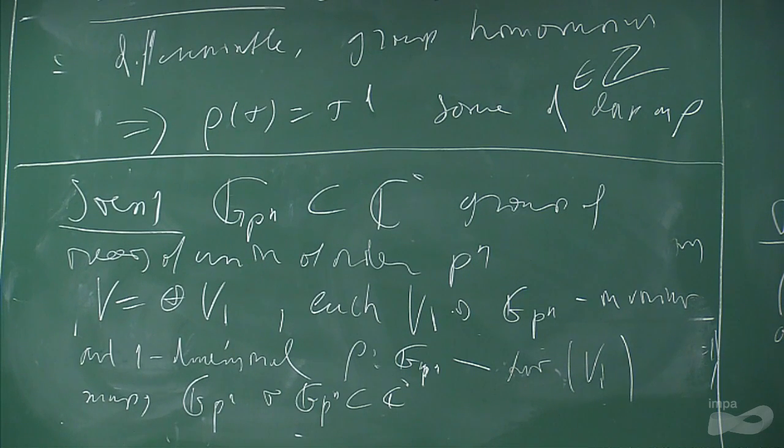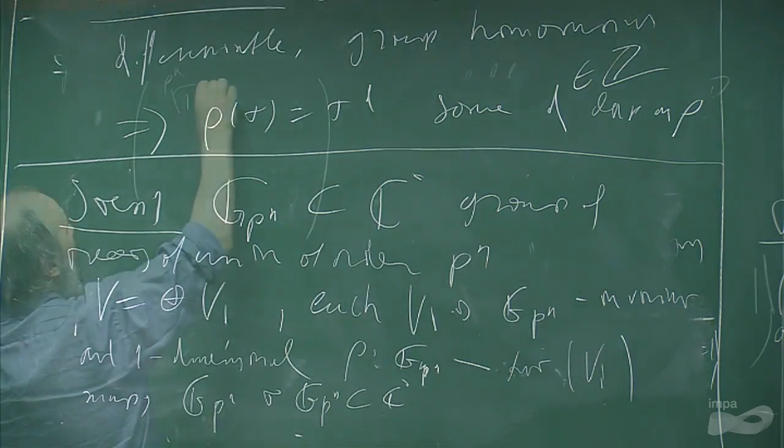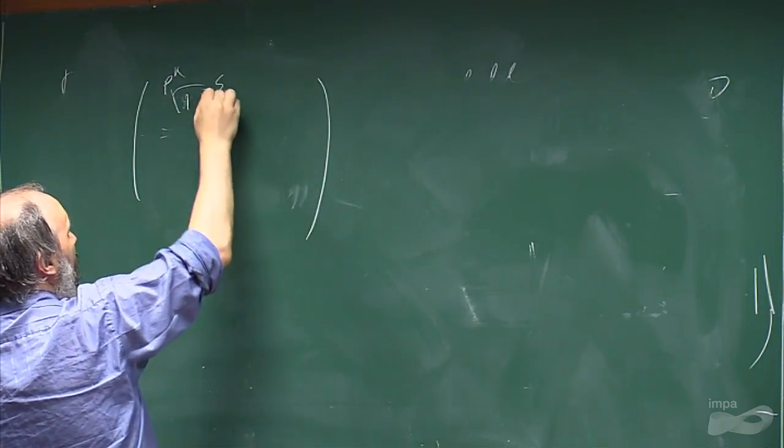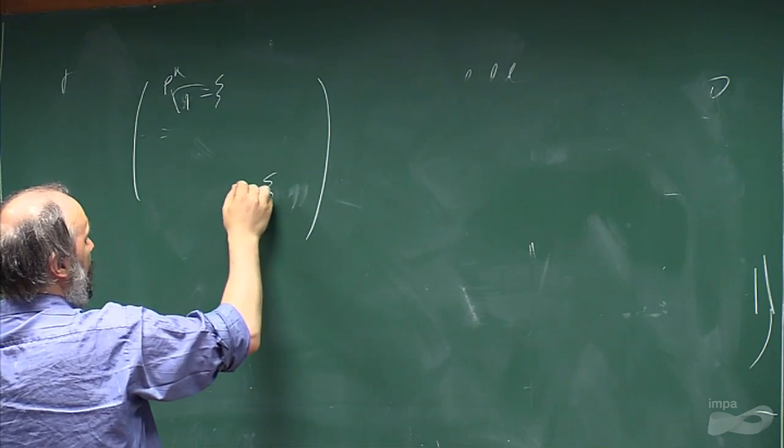Also, another problem is that as we increase n, the decomposition might be improved, in the sense that you have roots of unity of order p power k, and the same root of unity psi here, and you have the same psi here.